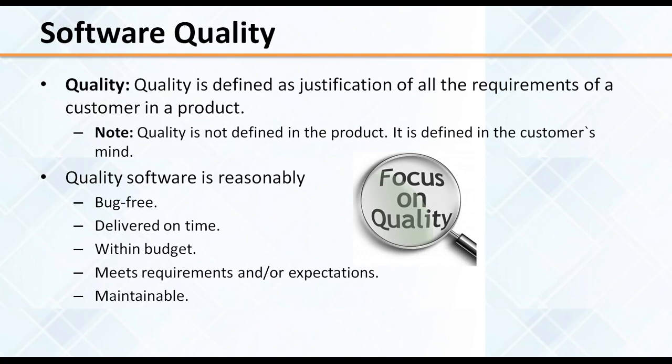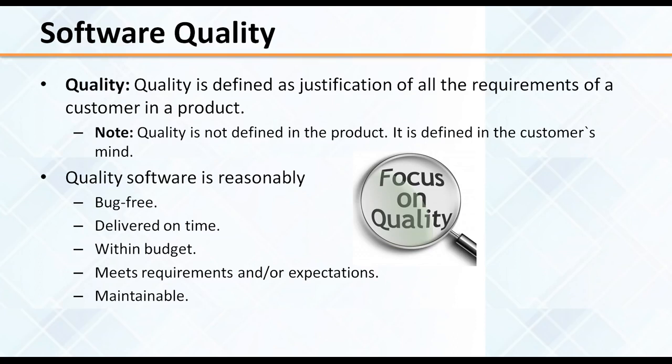On what basis do we say that, what criteria do we need to consider? If we want to say the software is a quality product, we need to consider particular points like bug free and delivered on time. Not only one criterion, we need multiple factors, multiple criteria. Based on these, we decide whether our software is quality or not.